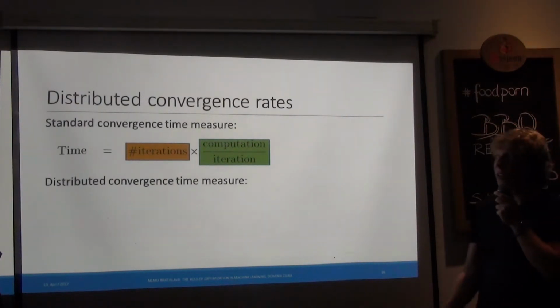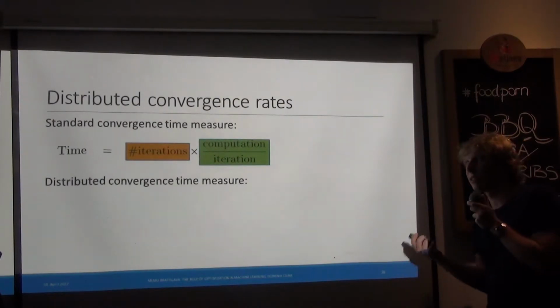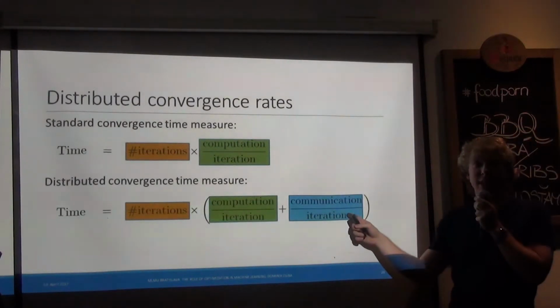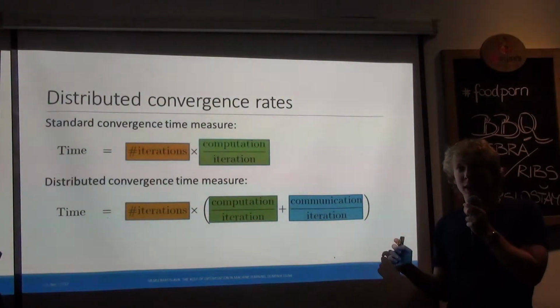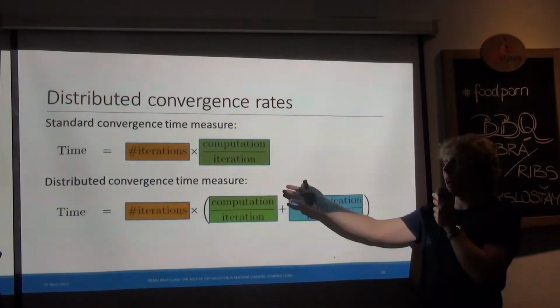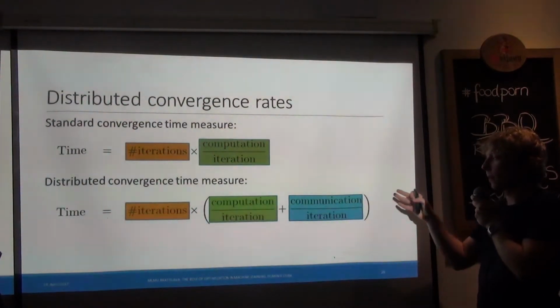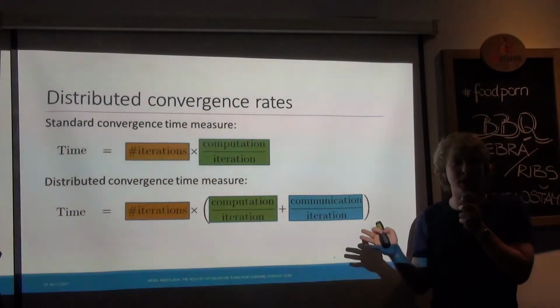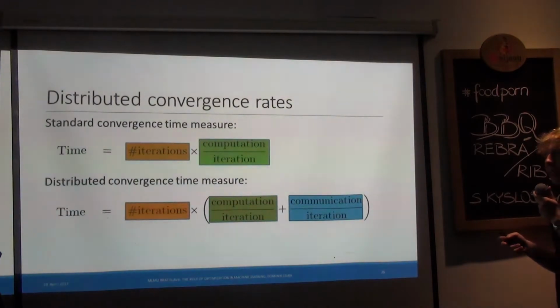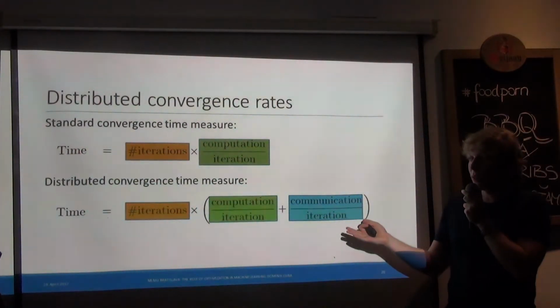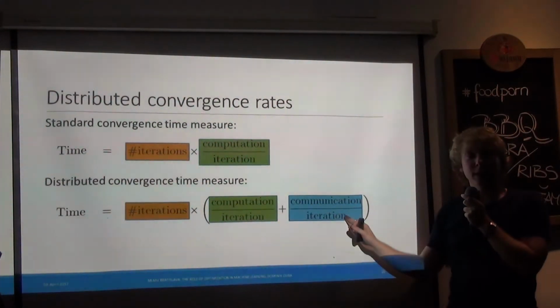And the distributed convergence time is slightly different because it takes into account the communication, right? So suddenly, it's not just how much time does it take to compute the iteration, but also how much time we spend communicating the iteration. And in distributed gradient descent, this was small, this was big.